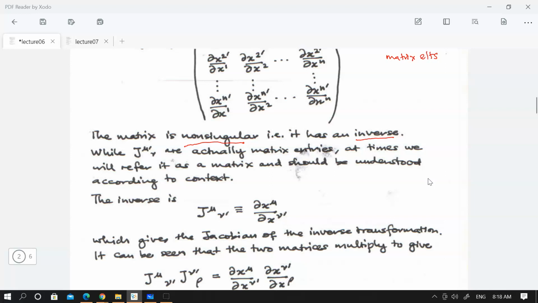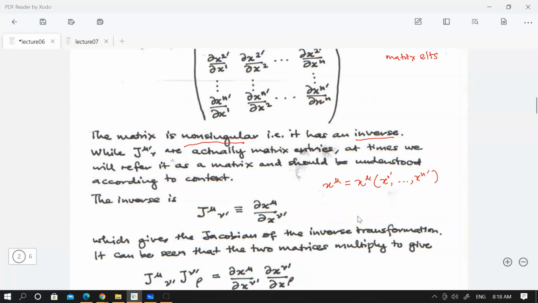The inverse is just giving you the inverse transformation from the dash coordinates. Remember this? We had that as a function of x1 dash until xn dash. So this will be the inverse of that particular matrix, the inverse Jacobian, so to speak.